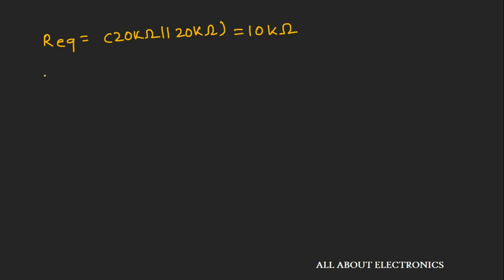So our time constant T will be R equivalent into C, that is 10 kilo ohm into 4 microfarad, so that will come out as 40 millisecond.